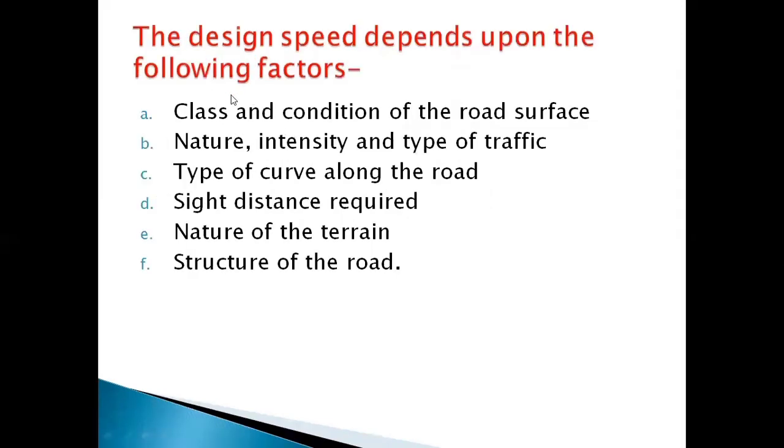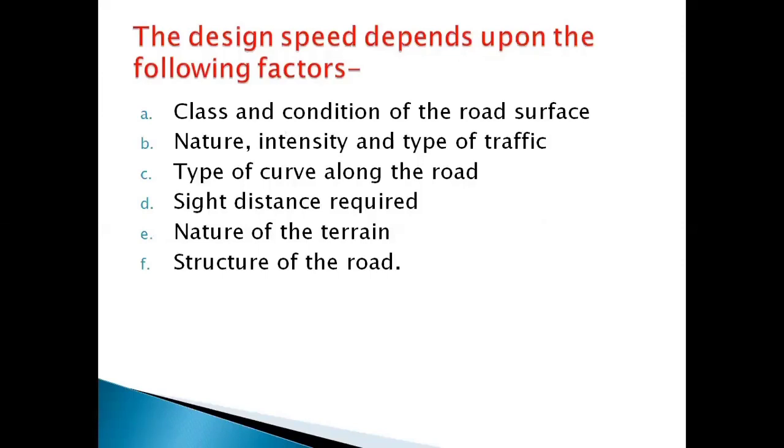Now see, the design speed depends upon the following factors. While designing any highway, we assume one speed which can be safe for the vehicles which travel on this road.